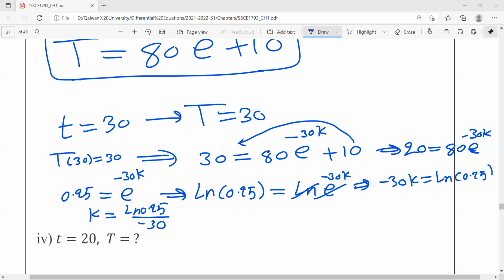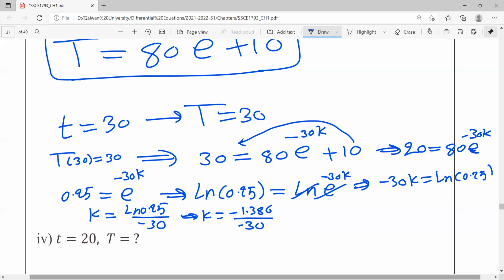The result is minus 1.386. So K equals minus 1.386 divided by minus 30. Negative divided by negative is positive.